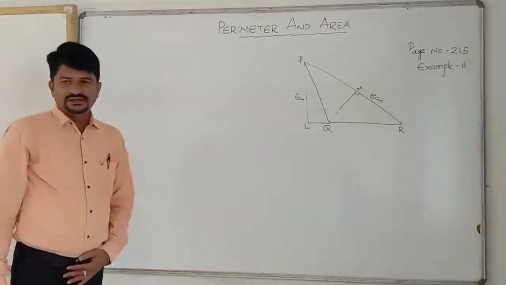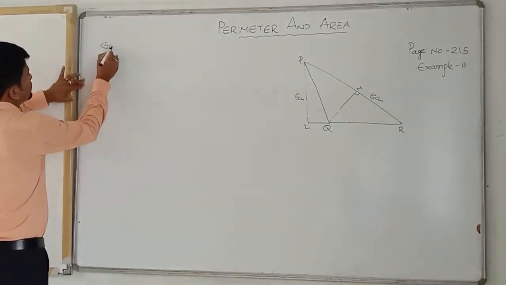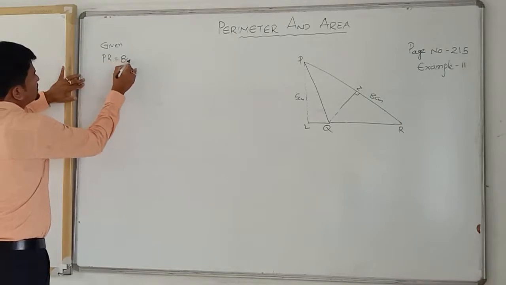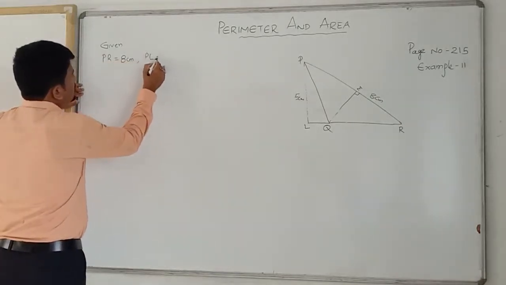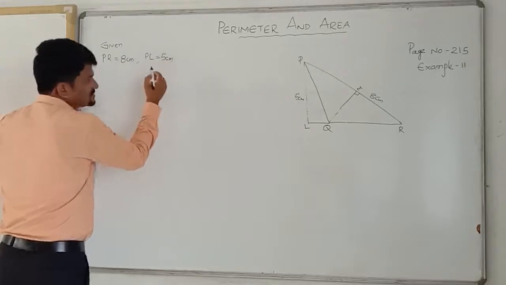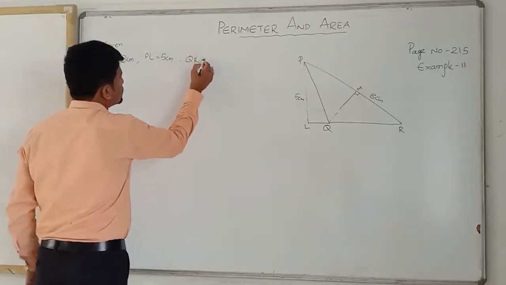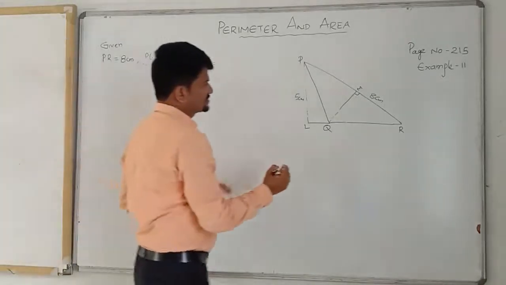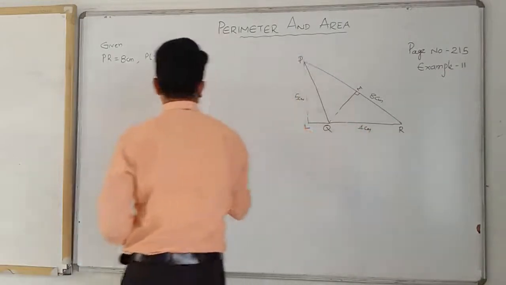First we need to find, look here, given PR is equal to 8 centimeters and PL is equal to 5 centimeters and QR is also given, I think. QR is equal to, yes, 4 centimeters is given.